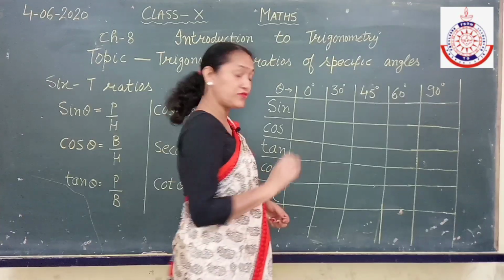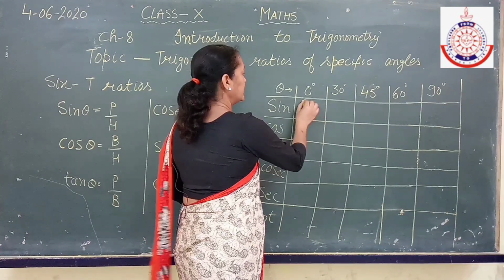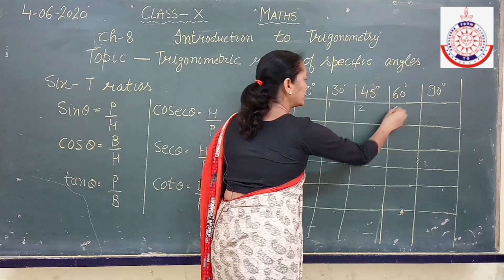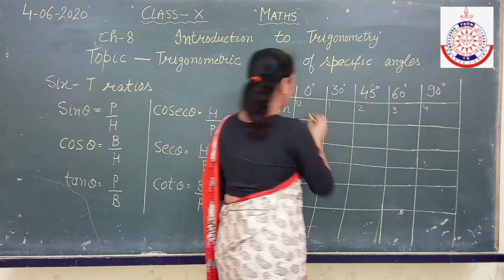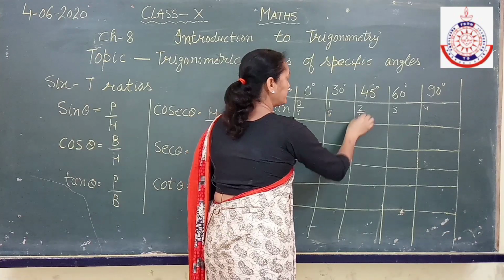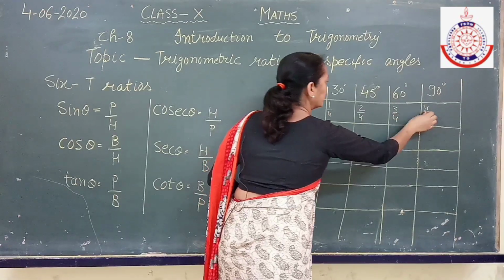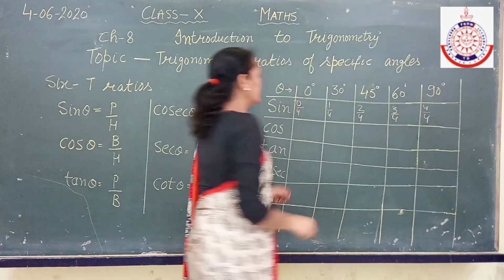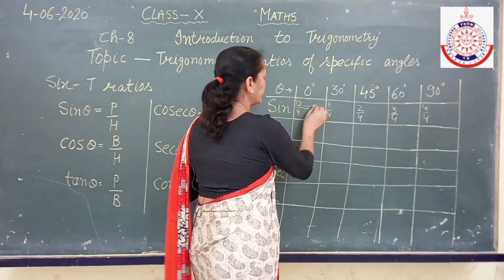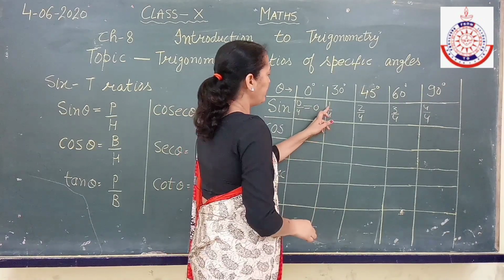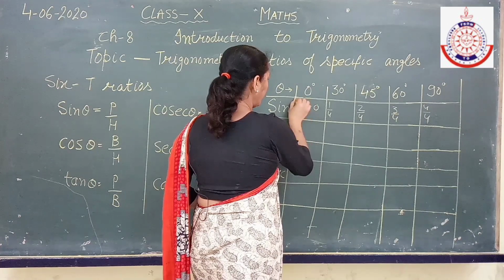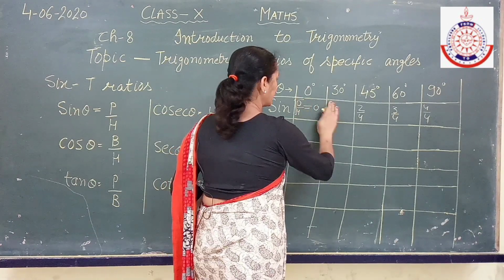First of all, just for the beginning, write 0, 1, 2, 3, 4. Then divide all the values by 4. Then take the under root over all the values.